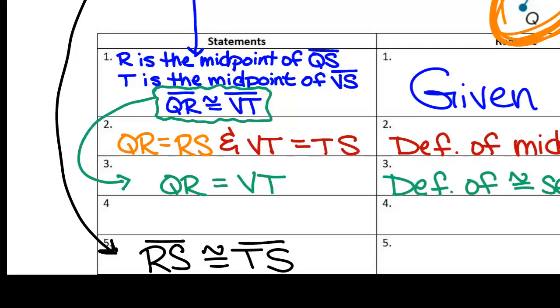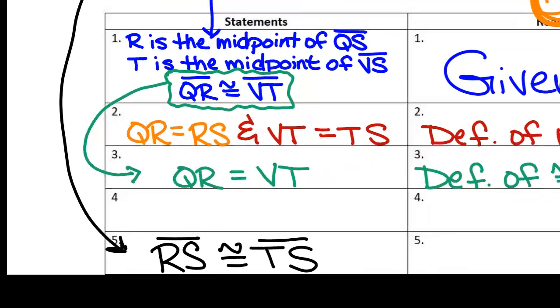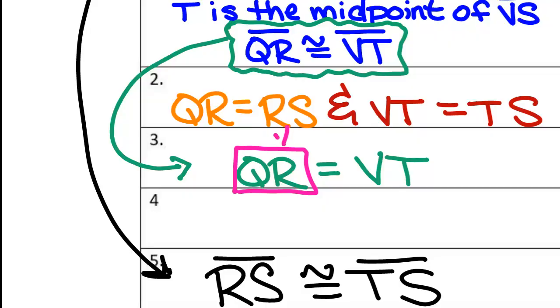All right, let's look at where we're trying to get to. What do I want in the end on the left? I want RS. Right now I have QR. Do I know something that's the same size as QR? RS. So I can write RS instead of QR.